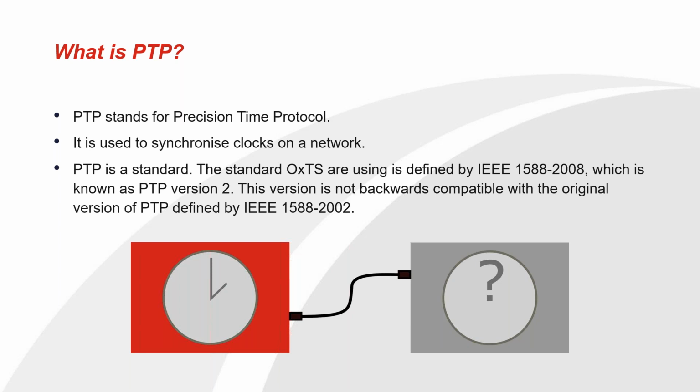It's used fairly widely, and it's defined by the IEEE 1588 2008 protocol, which is known as PTP version 2. There was an earlier version developed in 2002, which is not backwards compatible with the second version. So OxTS are using the 2008 version.